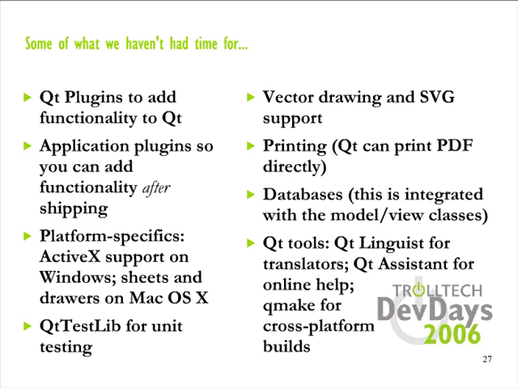Qt has a very powerful plugin system, and there's two kinds of plugins that you can use with Qt. There are plugins into Qt itself, which means you can add some functionality to Qt that's available to every application you develop. But Qt also gives you a plugin mechanism that you can use in your own applications. And like everything else in Qt, it's cross-platform.